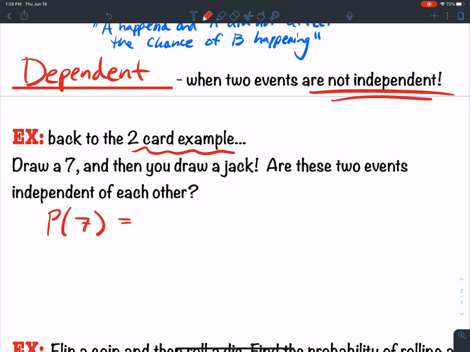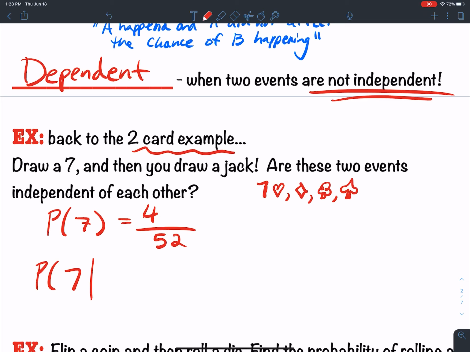There are 4 7s: a 7 of hearts, 7 of diamonds, 7 of clubs, and a 7 of spades. So there are 4 7s out of how many cards total? 52. Okay, 4 out of 52.